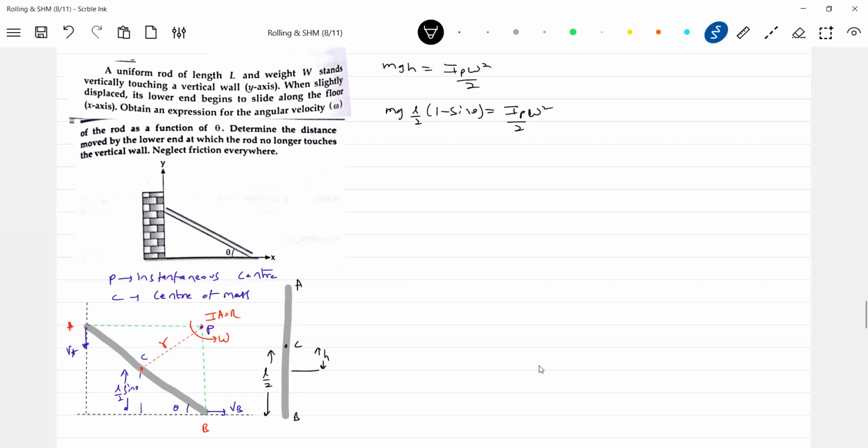What is the IP? For IP, I need ICZ or IPZ, perpendicular to the plane. So IC plus MR square, where R is the distance between P and C. Parallel axis theorem I applied. What is IC? IC we are very sure. What should I write for R?